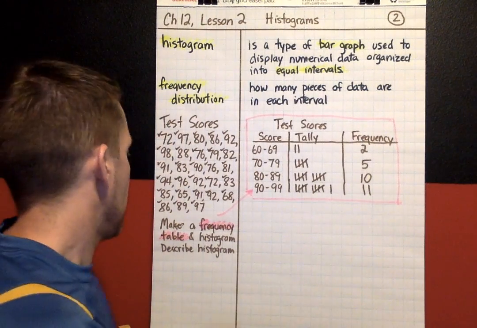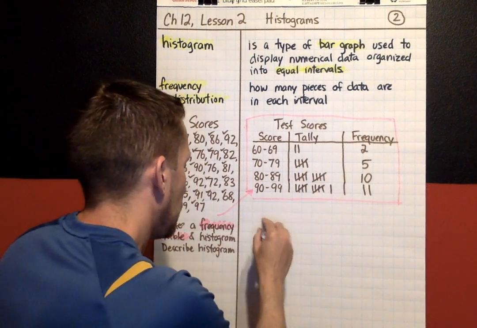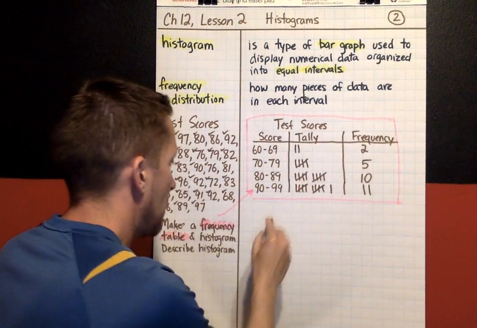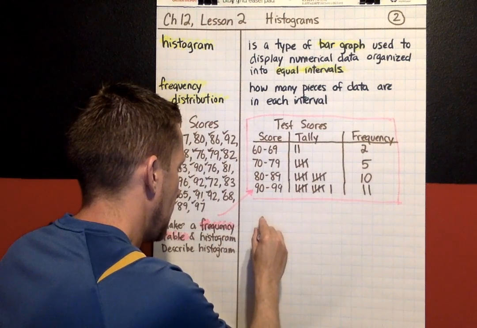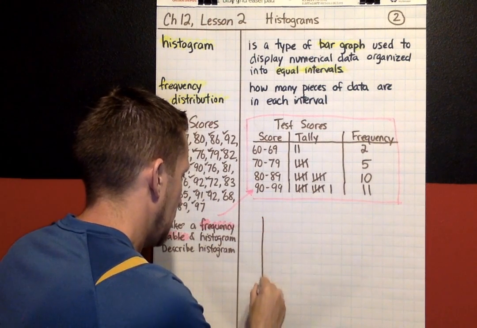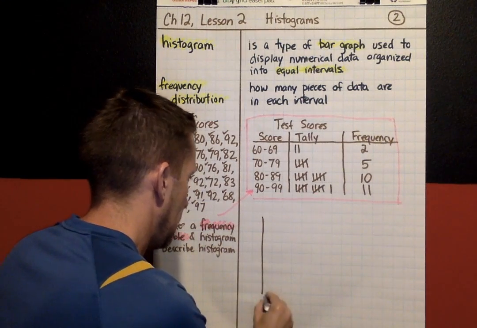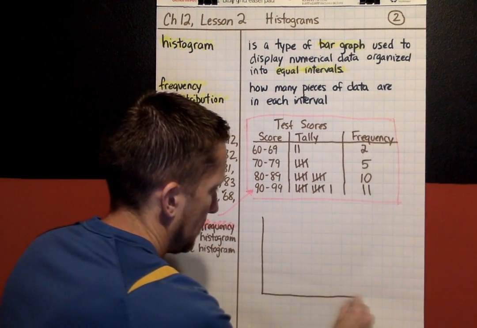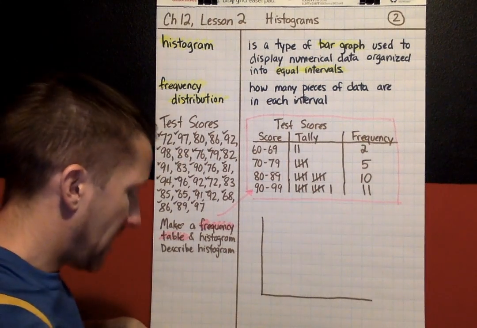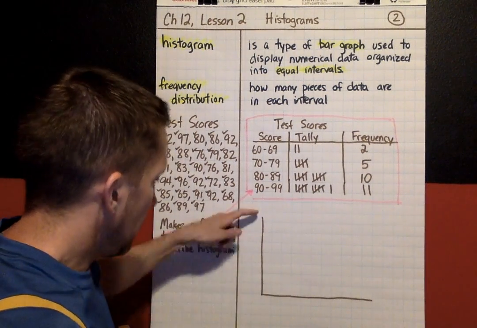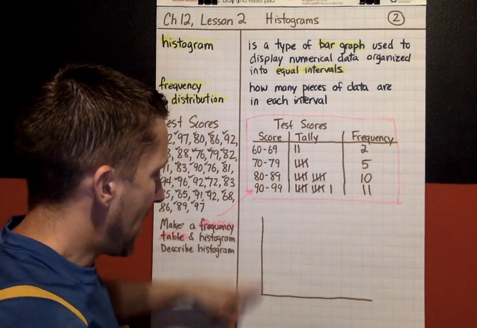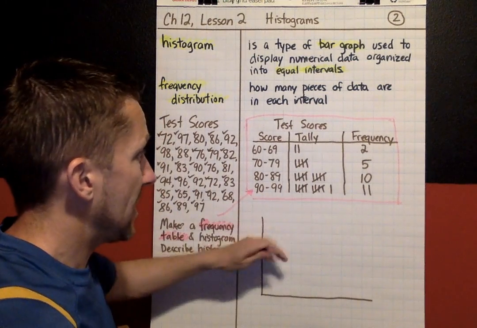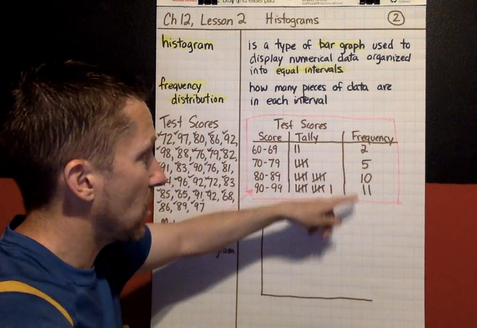So, a histogram is a type of bar graph. So there I'm getting set up for my graph. On the y-axis, that's where I'm going to count how many times that score happens.